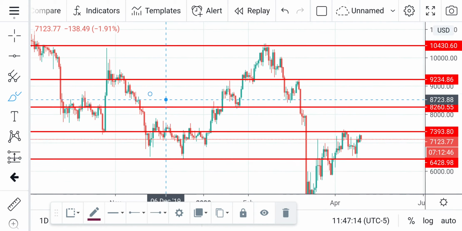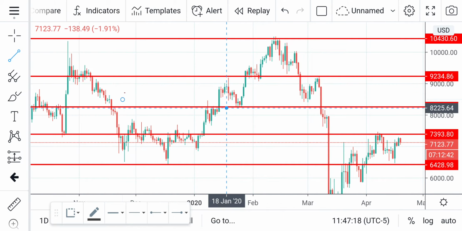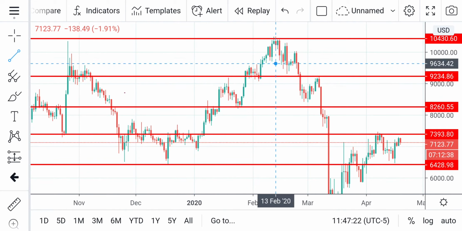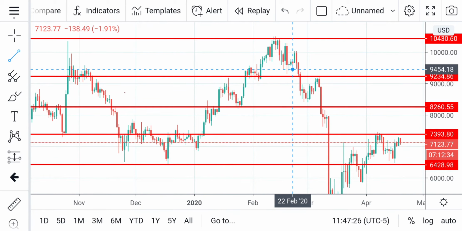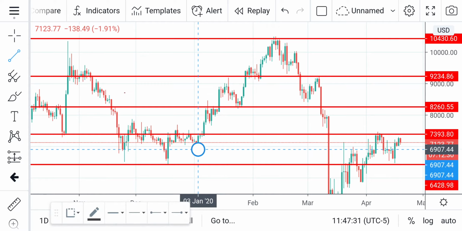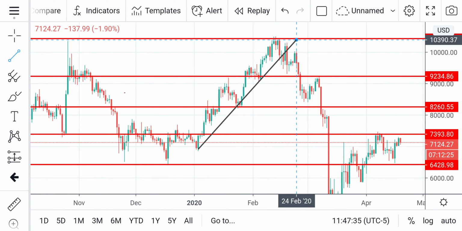If you check over here, you can see that this point to this point is going up. It's like a trend. So what you can do is draw your trend line from the up to the down like this. This is a trend line.